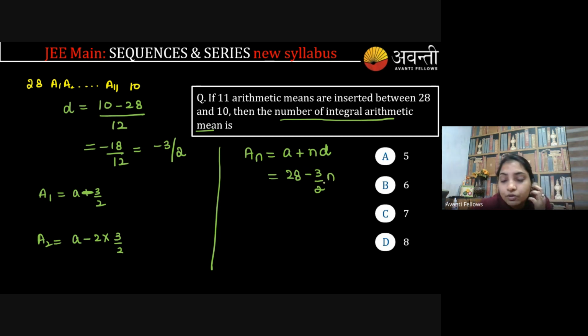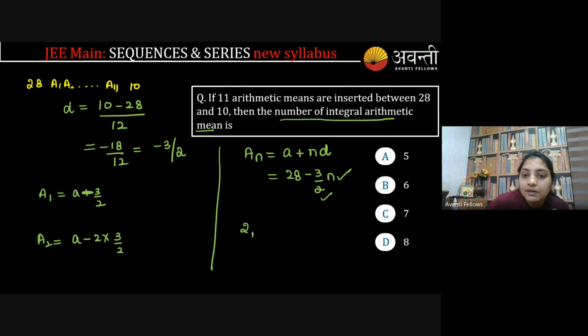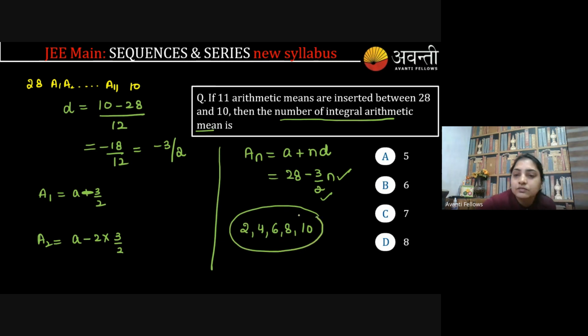Just look, you get an integral value when n is even, because that must be divisible by 2. So it means the 2nd arithmetic mean, 4th, 6th, 8th, 10th, these are the arithmetic means which give you an integral value. So what is the total number? 5 arithmetic means are there that will give you an integral value of arithmetic mean. Clear?